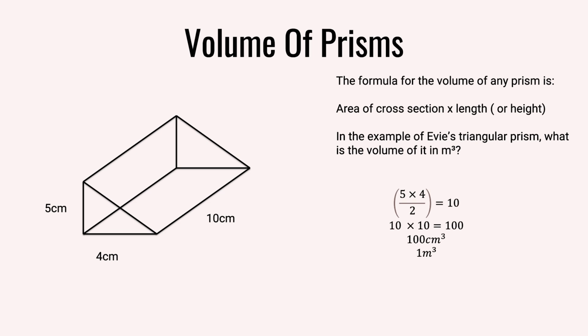And we know the length of our triangular prism is also 10, so we do 10 times 10 to get the volume. The volume of our prism is 100 centimeters cubed, and that in meters is 1 meter cubed. And this is an example of how we work out the volume of prisms.